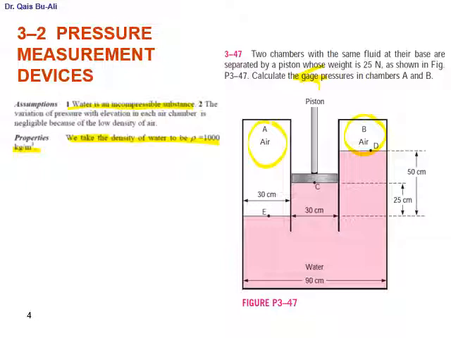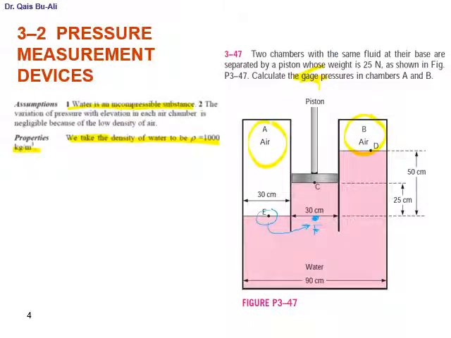So I believe we can concentrate on point E, and we can say that the pressure at point E is equal to the pressure at this point, let us call it F. So the pressure at point E is equal to the pressure at point F.